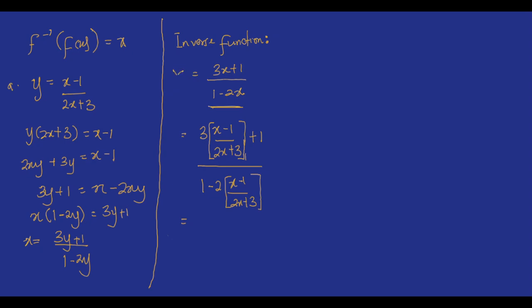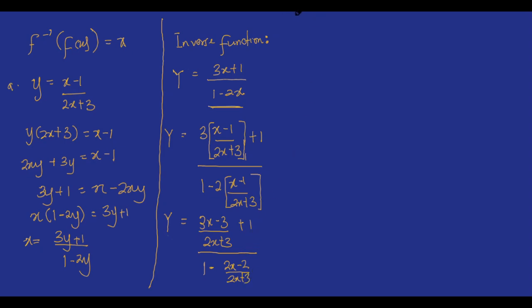So if you have y here, capital Y, you have y here, and you have y here. So this becomes 3x minus 3 divided by 2x plus 3 plus 1 divided by 1 minus 2x minus 2 divided by 2x plus 3.